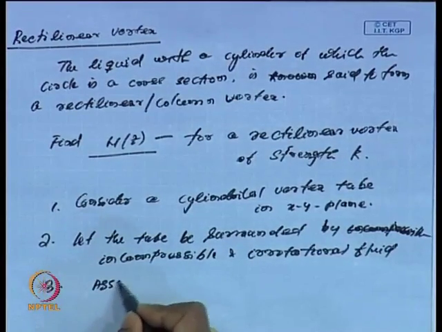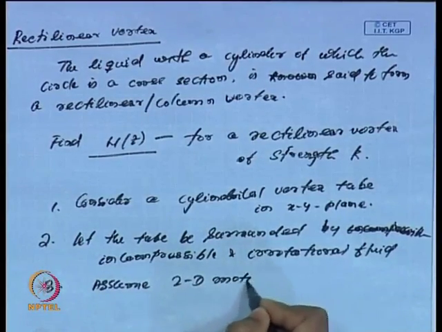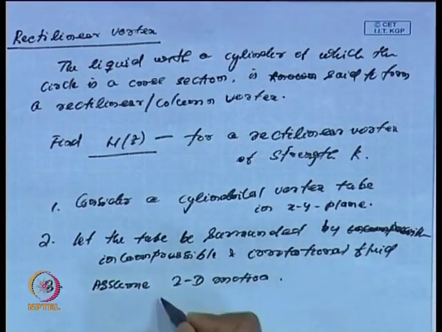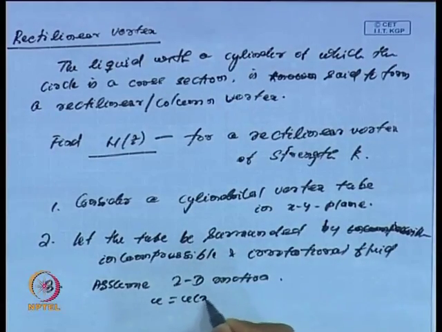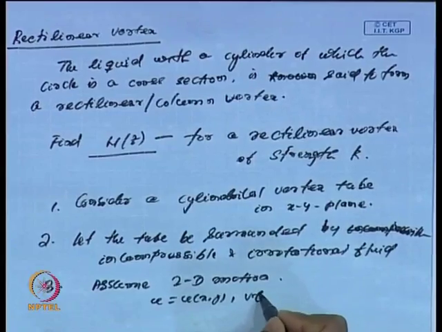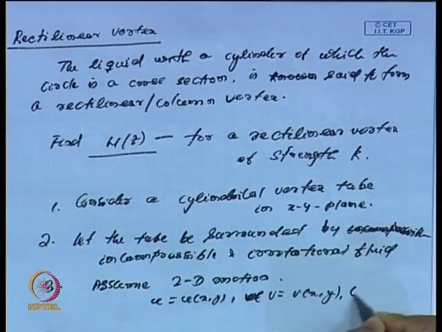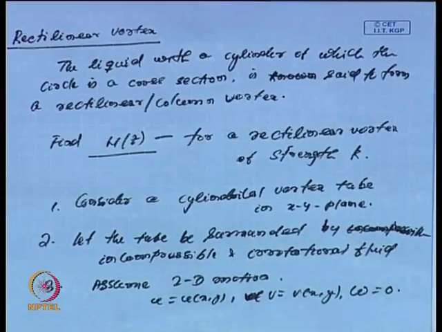Assume 2D motion, of which u is equal to u of x, y, v is equal to v of x, y, these are the components of velocity, and w is equal to 0.